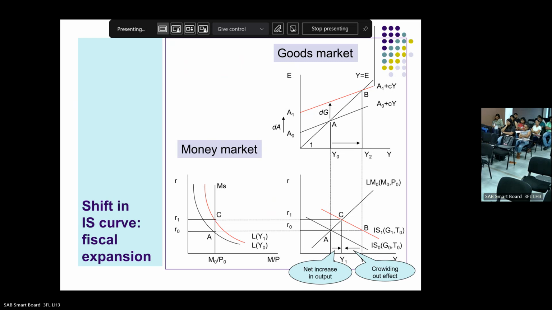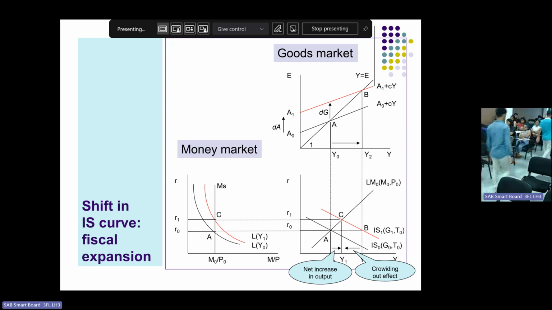Income remains at the Y0 level. That explains point C, complete crowding out. If the LM curve is vertical, you can identify complete crowding out.